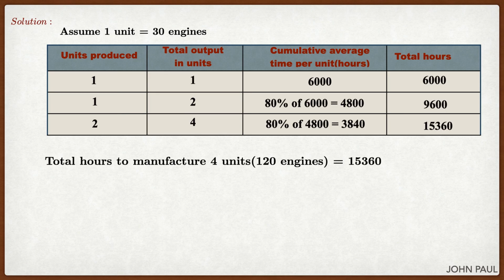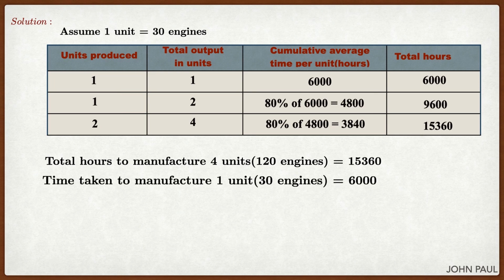Therefore, total hours to manufacture 4 unit, 1 unit is 30 engine, 30 into 4, 120 engines equal to 15360 hours. Time taken to manufacture 1 unit, that is 30 engines equal to 6000 hours given in the question.